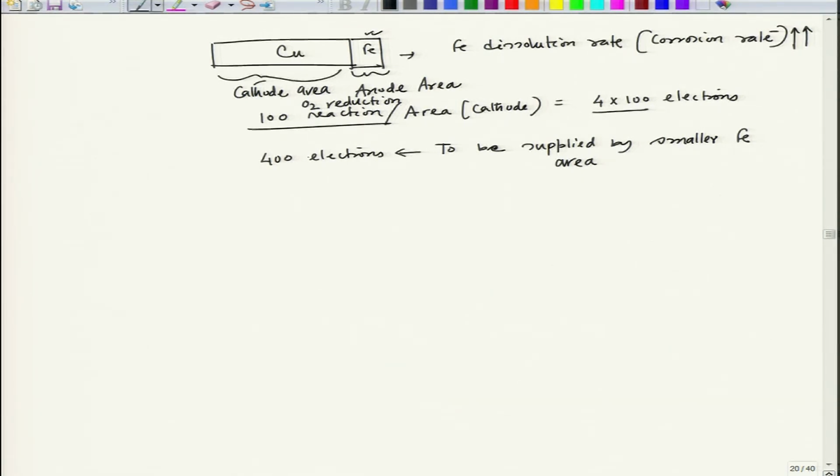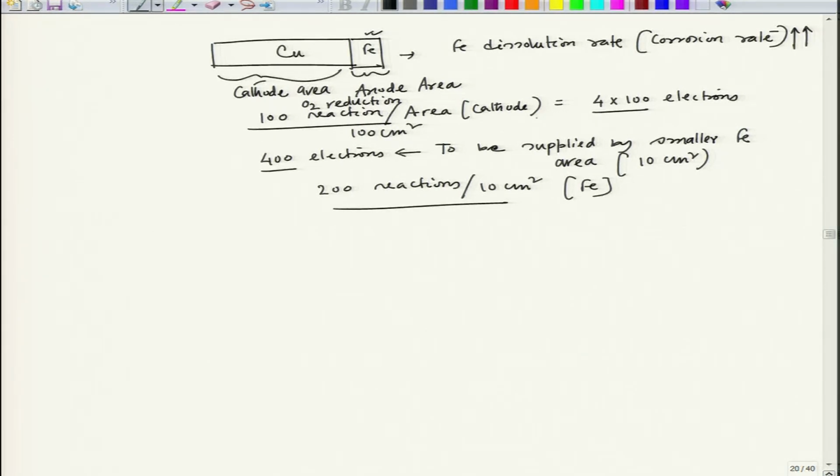But in this case, if this is 100 centimeter square and this is 10 centimeter square, then if I consider 2 electrons which are taken out from iron, 200 reactions per 10 centimeter square need to take place on the iron surface, and here it is 100 reactions per 100 centimeter square.